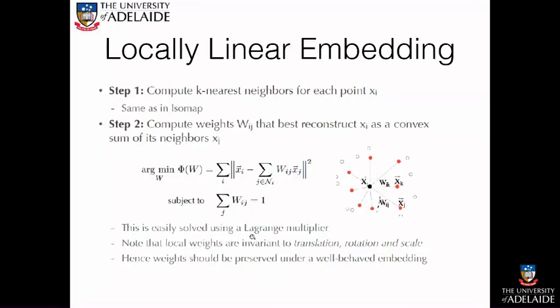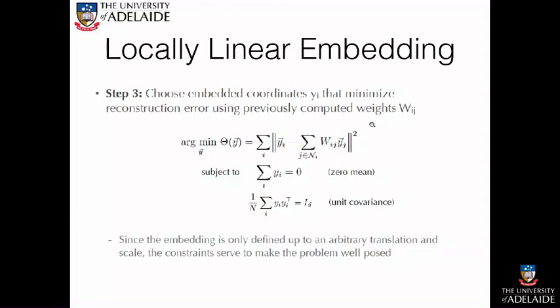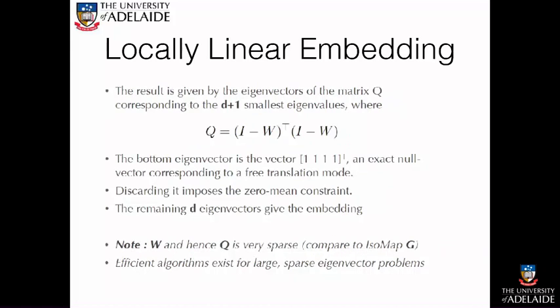So W is the weight, right? And this is like, given a data point, you find a weighted sum of its neighbors to represent the original data, for each data point. And we can also solve it using eigen decomposition again.